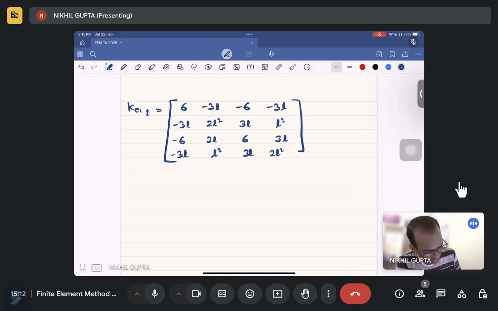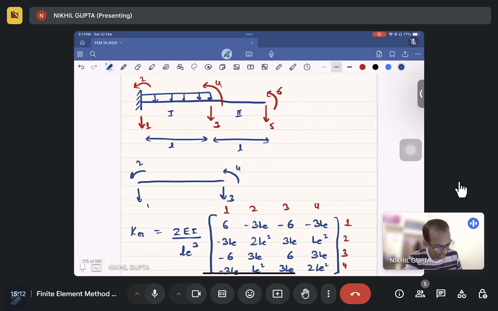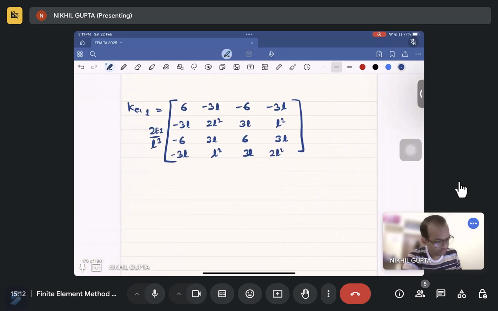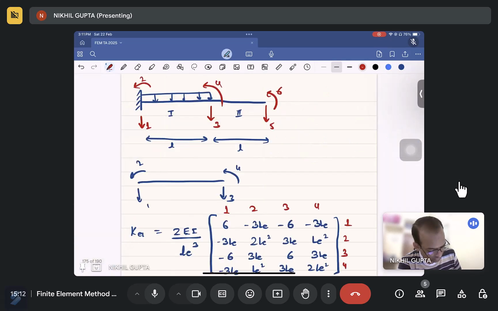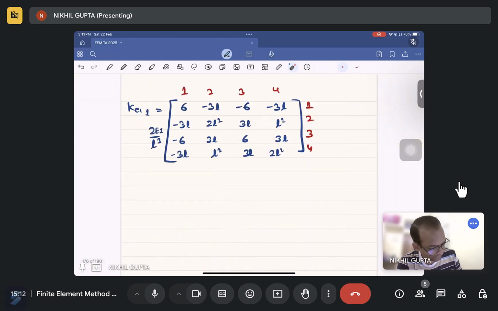I've just put Le equivalent as L. For this it will be 1 2 3 4 degrees of freedom. This is the K matrix we have written for this element.